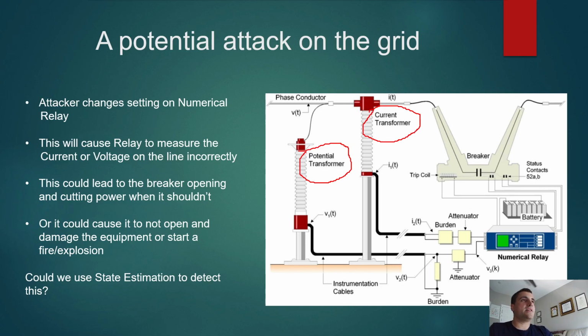This could be bad because it could cause a relay to not break when the voltage conditions are dangerous, or it could cause it to break and cause disruptions when situations are not dangerous, neither of which is ideal. So we're going to see if we can use state estimation to detect this in a simple example.